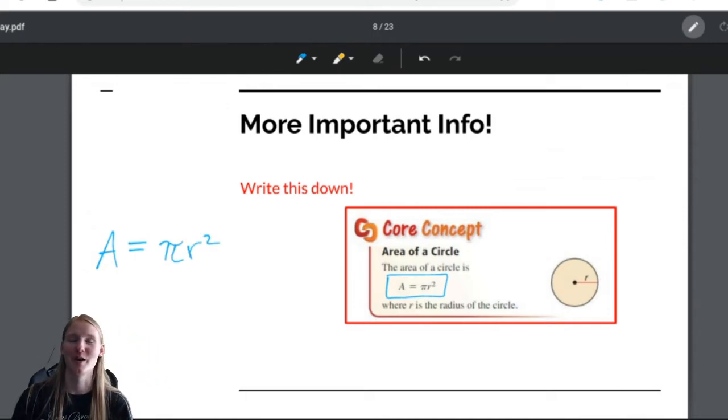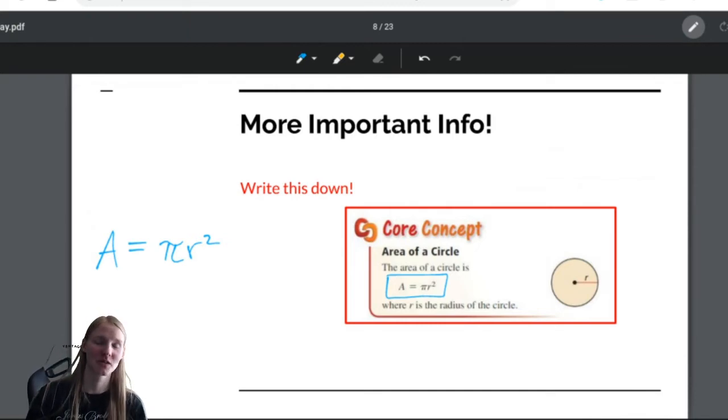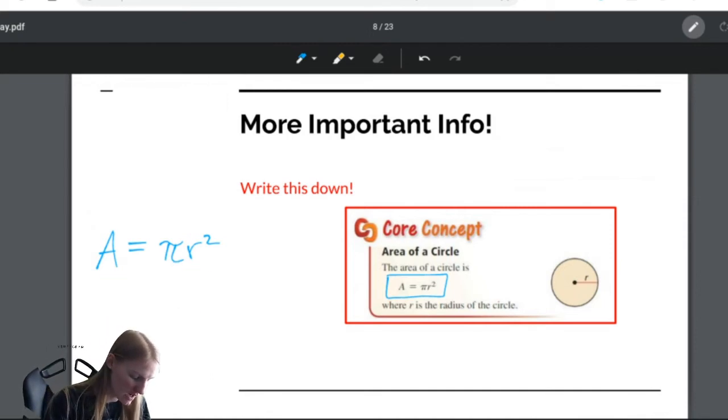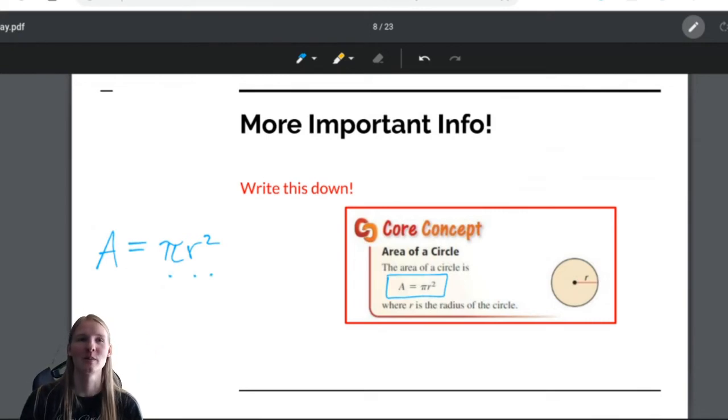And I have a really dumb way of remembering this. This is one of the few things I learned from my math teachers in high school, was how to remember this. So you see how it says pi r squared. So the way you remember it is pi r not squared, pi r round.